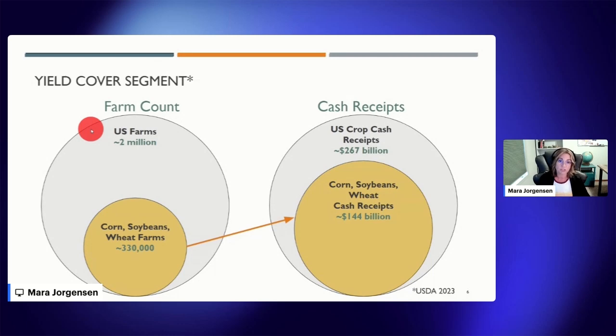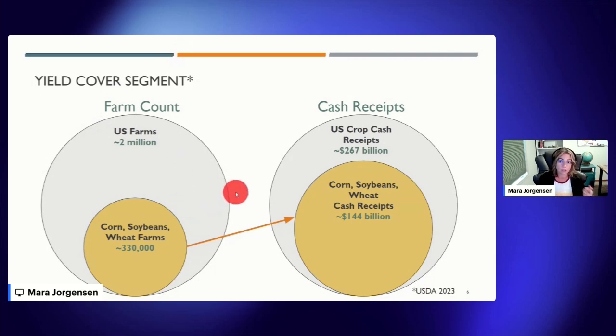Now, the cash receipts on these farms, which we can loosely tie to their revenue, although cash receipts are not revenue, was $267 billion in 2023 in U.S. crop cash receipts. And 144 billion of that was corn, soybeans, and wheat.